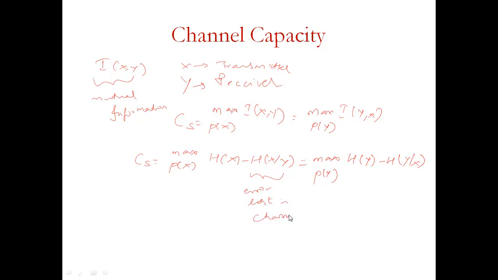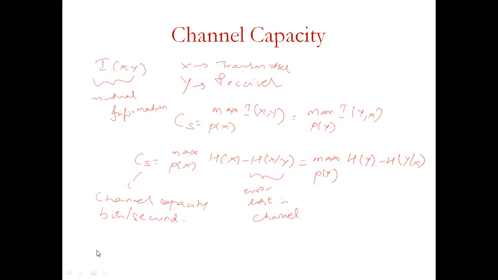It tells us how much error is lost in the channel, whereas H of y given x is the average information received at the y side for the given value of x. This is given by CS, the channel capacity.